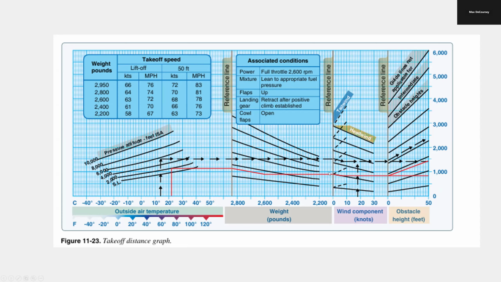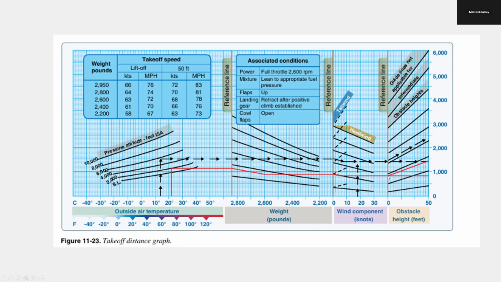You go straight across. Now we need to factor in our wind component. It will show us our headwind all the way to 30 knots. In this case, it looks like we have about a 5 knot headwind. So we'll follow this line down to 5 knots and you'll go straight across. Right here, we have our obstacle height. They give you an obstacle height from 0 to 50.